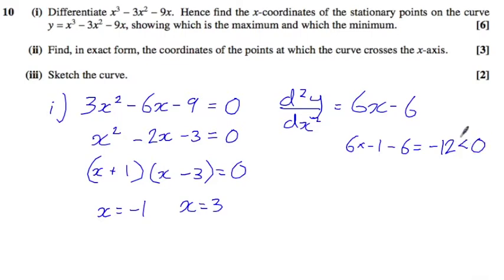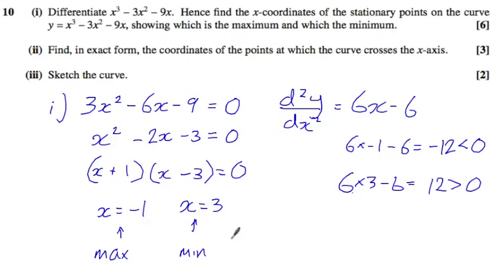Now because that is less than 0, I know this is going to be a maximum. If I sub in 3, I'll be doing 6 times 3 minus 6, which is plus 12, and as that is greater than 0, this will be a minimum. Remember, if you get an answer of 0, you'll have to look at the gradient either side of the point. So it's not necessarily a point of inflection, but it could be. Okay.